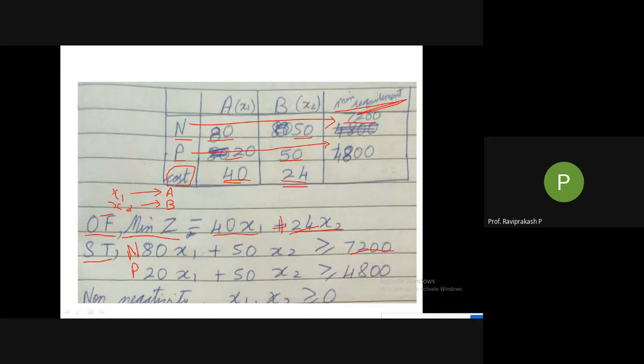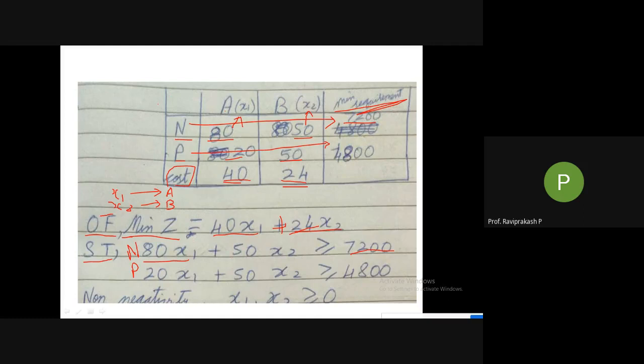For A, how much am I getting? 80, so it is 80x1. And for the second one, it is 50, so in B I am getting 50, but in total it should be 7200. So 50x2. Always remember, your equation should contain x1 and x2 both, if both are given. Otherwise, there are constraints where only x1 or only x2 is given, so that can also be the case.